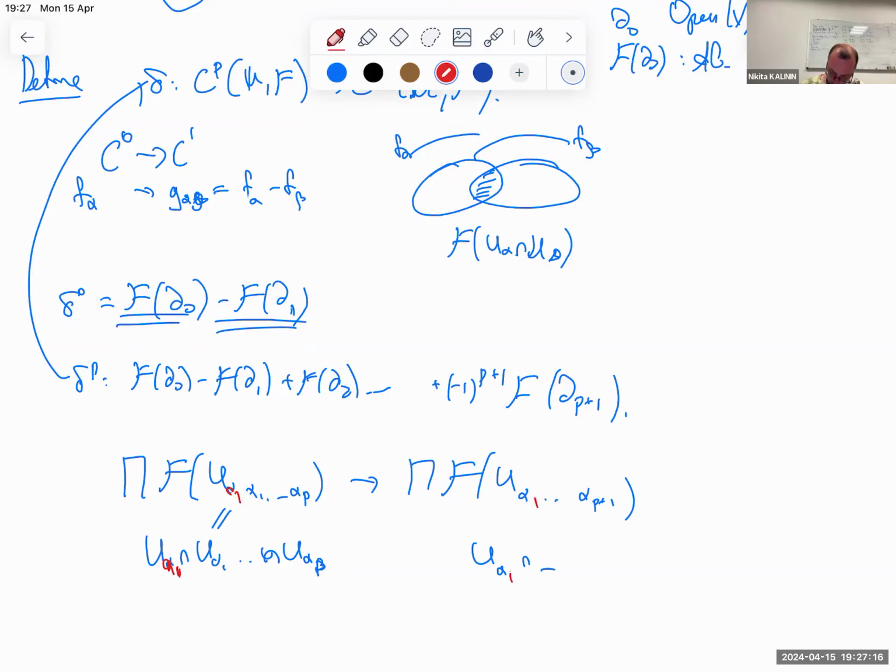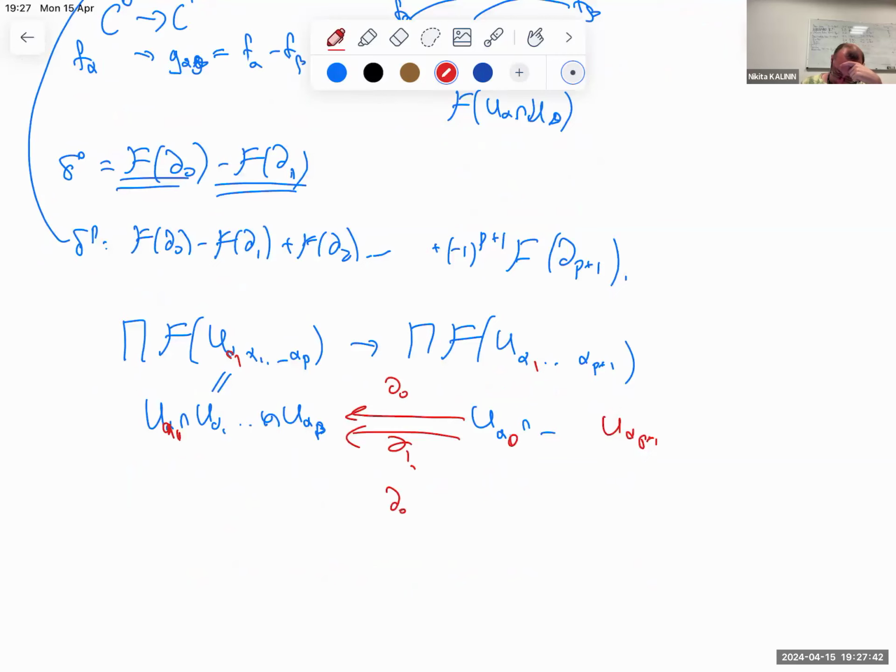So if you have the intersection of u alpha p plus 1, then there is a map delta 0, delta 1, and so on, where we just forget the corresponding index. So if you have delta 0, you should have this alpha 0 that just forgets alpha 0, okay?